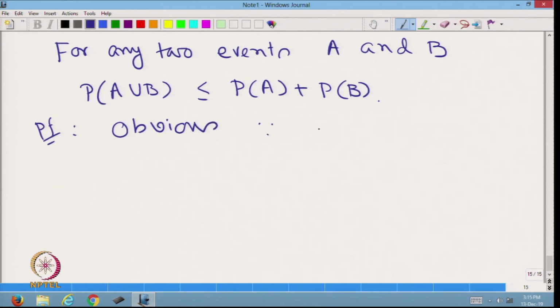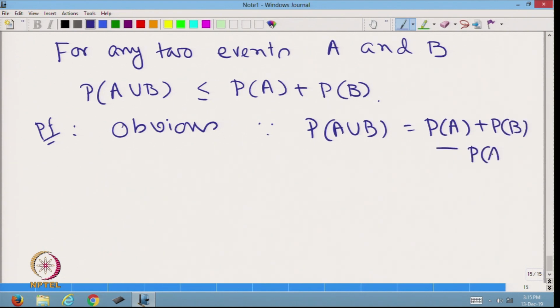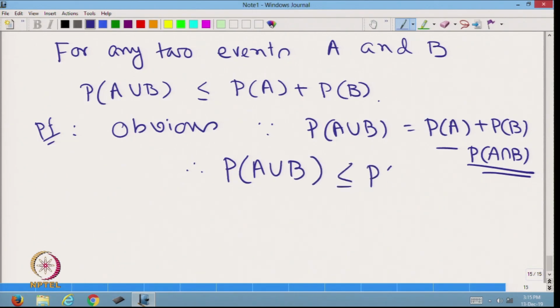Since probability of A union B is equal to P A plus P B minus P A intersection B, this is a positive quantity which we are subtracting. Therefore, P A union B has to be less than or equal to P A plus P B, and the equality will hold if and only if A intersection B has probability 0.